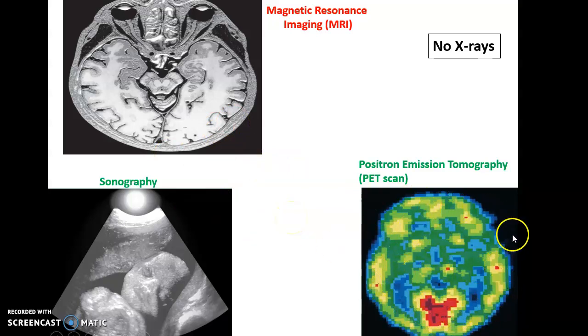So here is a view of someone's head, seeing a slice of the brain, and they can say, oh, a lot of radioactive glucose is going to this area, so that might represent, say, a brain tumor that's developed because the tumor's taken a ton of glucose to grow and invade other tissues. Positron emission tomography, radioactive glucose, and detecting where that radioactive material goes in the body.